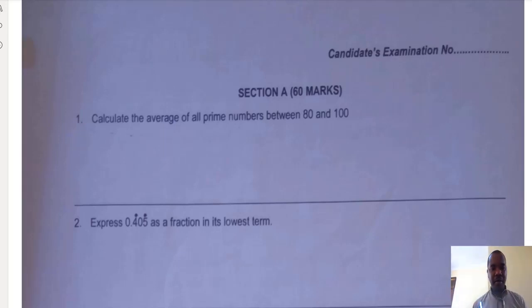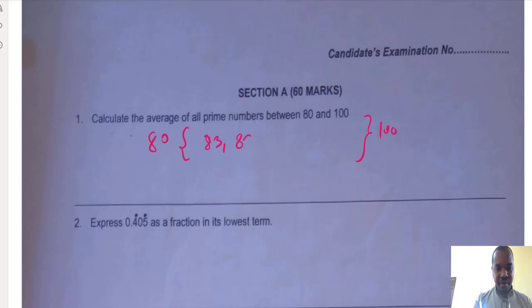Question number 1 in section A: we're supposed to calculate the average of prime numbers between 80 and 100. First of all, we have to determine the prime numbers between 80 and 100. After 80, 81 is not one of them, 83 is one of them, 87 not one of them, 89 is, 91 not, 93 neither, 95 no, and 97 is also one of them.